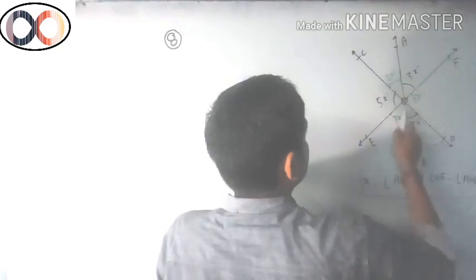What is the reason both angles are equal?